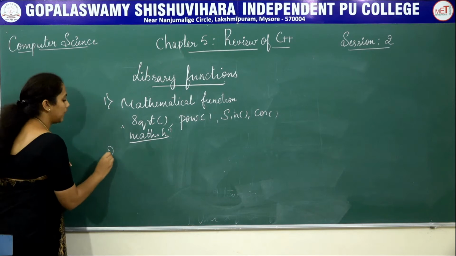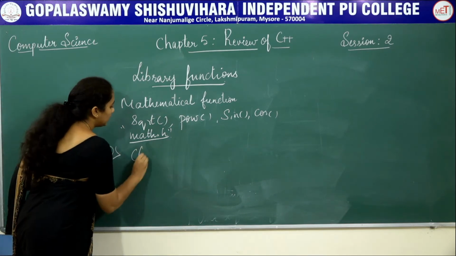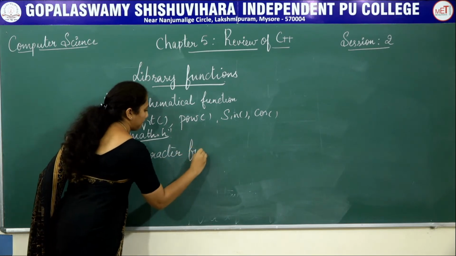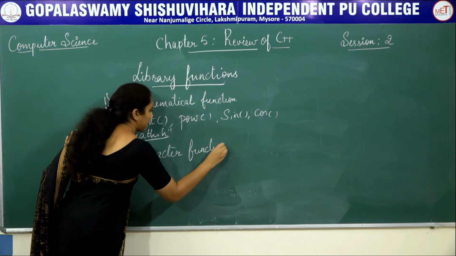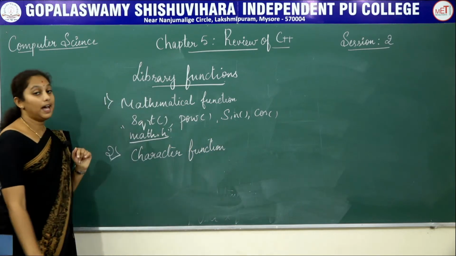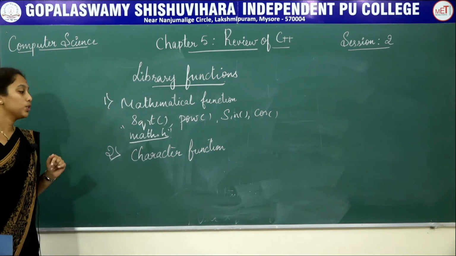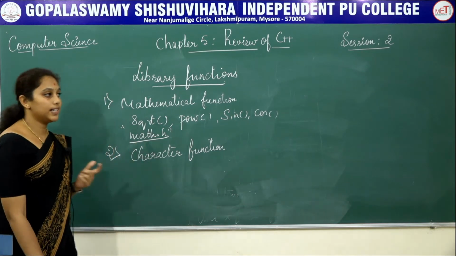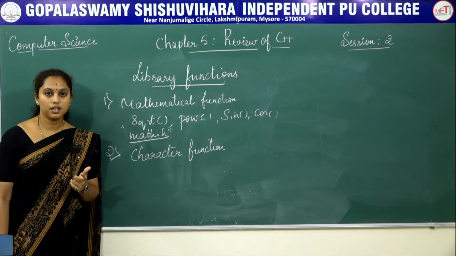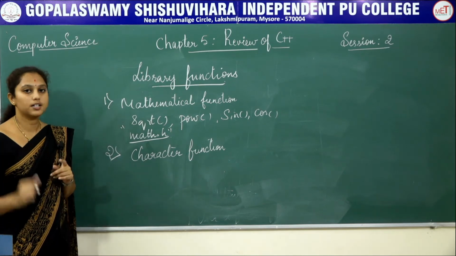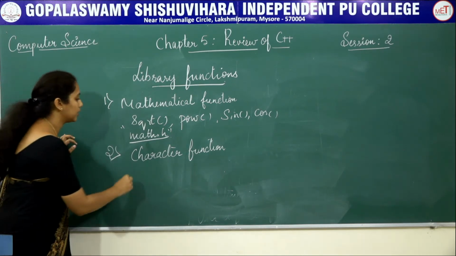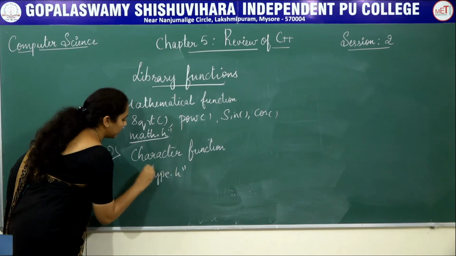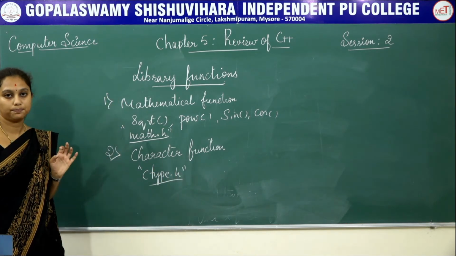The next type of library function is character function. What are character functions? Character functions accept only one character as an argument and produce a result. Here we are using the ctype.h header file in our program.